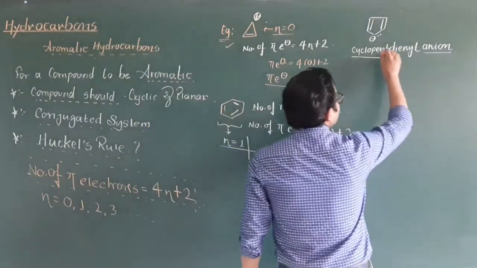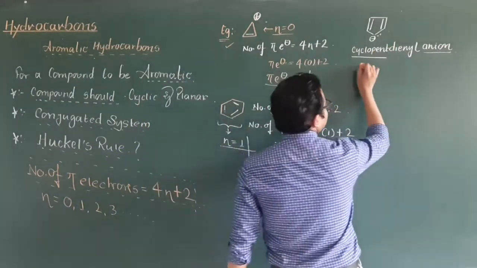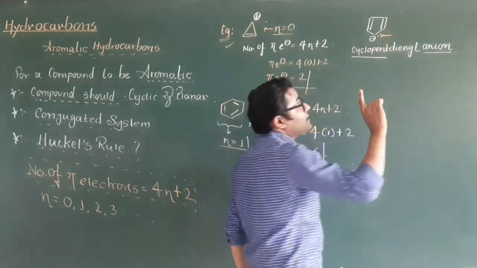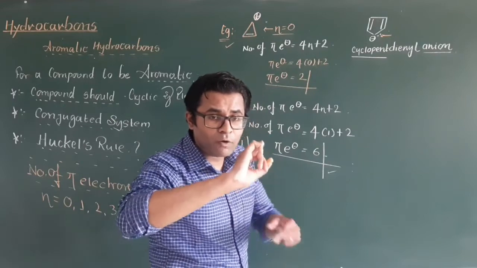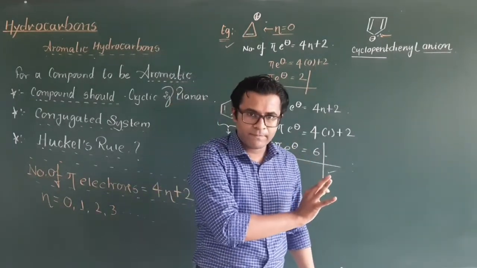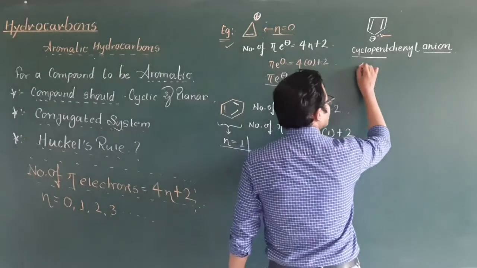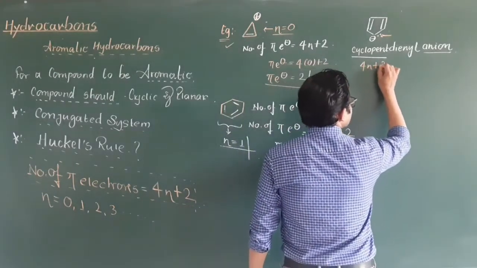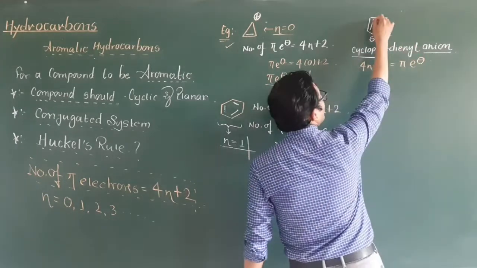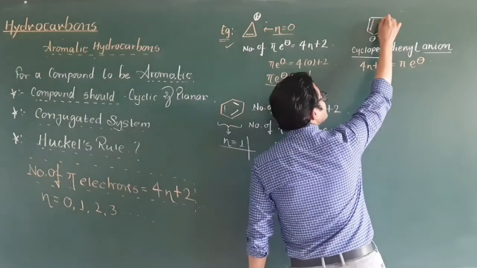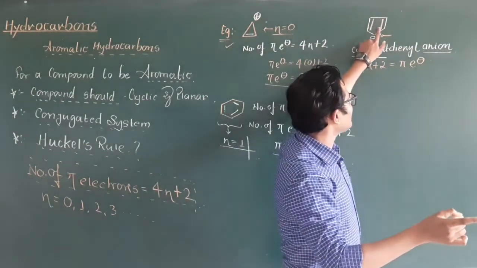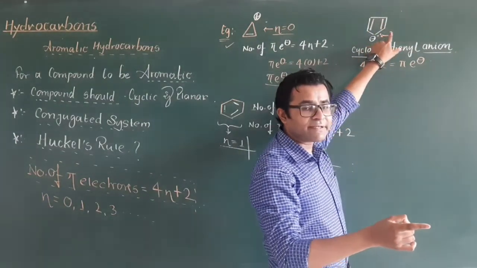Now, in order to prove its aromaticity, try to understand these are the extra electrons. These electrons are involved in delocalization, so it behaves as a pi electron itself. So if I take 4n plus 2 is equal to the number of pi electrons, how many do we have? 1, 2, that means 4 pi electrons, and 5 and 6.